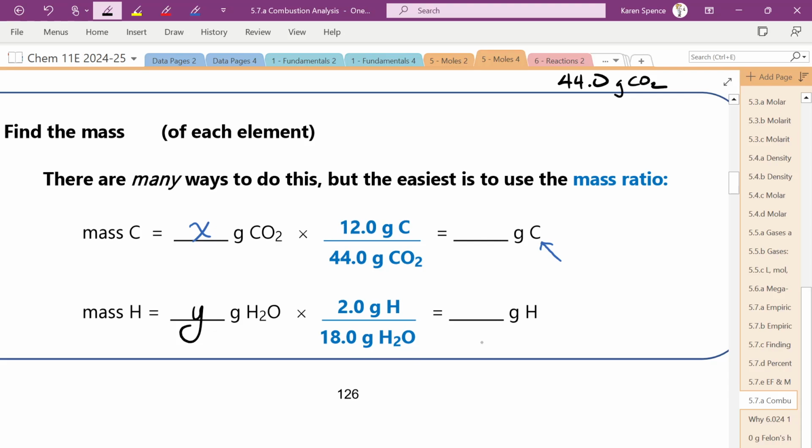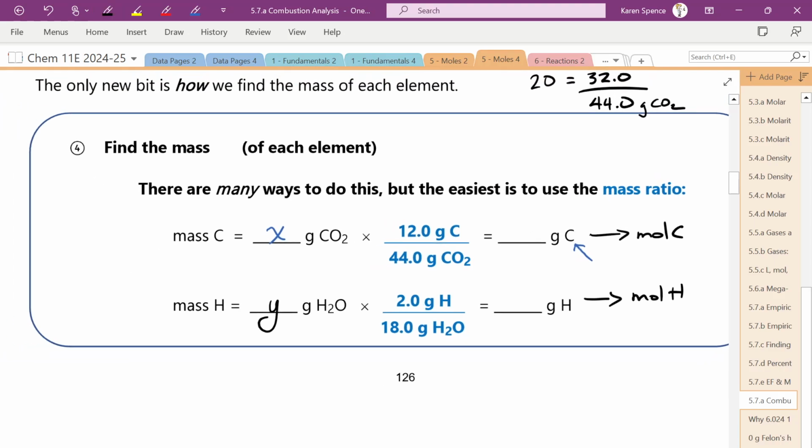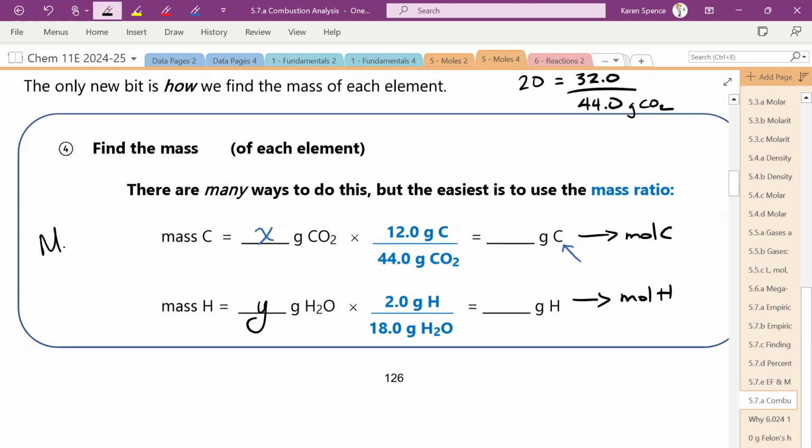Now, from here you can then find your moles of carbon and your moles of hydrogen. So this is method 1. Method 2: we want to find moles of carbon.